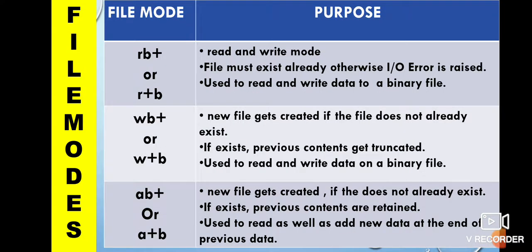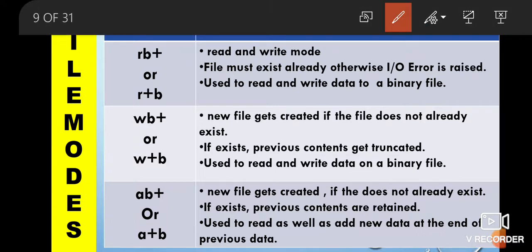Then the next mode is RB plus or R plus B. You can write it whatever way you want, means you can write RB plus also and R plus B also. Whatever you write, this mode means it is the reading as well as writing mode. Means you will be allowed to read as well as write with the help of this mode.